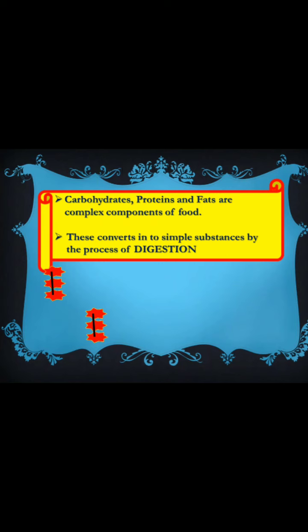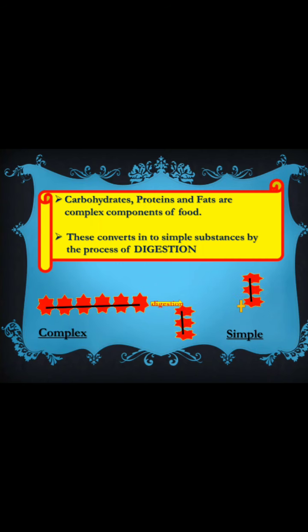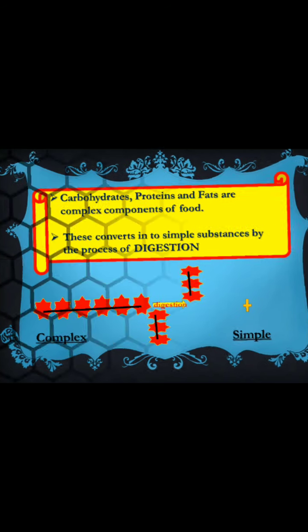Their size is very large, so they require a conversion. For conversion, there is a process called digestion. In the digestion process, these complex food substances convert into simple substances with the help of chemicals. As you can see, the complex components are converting into simpler form by the process of digestion.